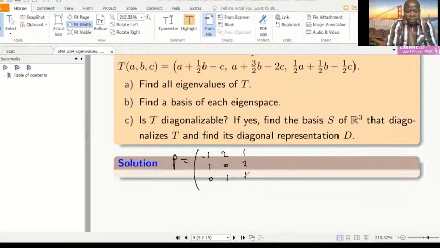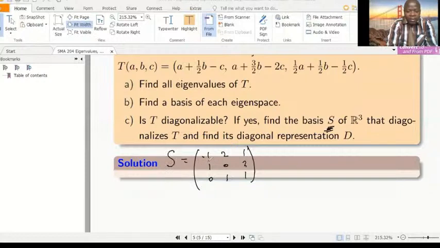So if we were to be asked to find P, in fact, the question is S. So the question is find S that diagonalizes T. So S is this.